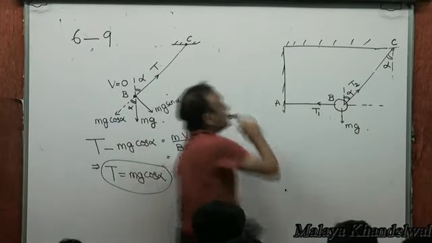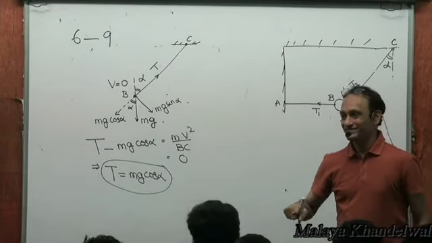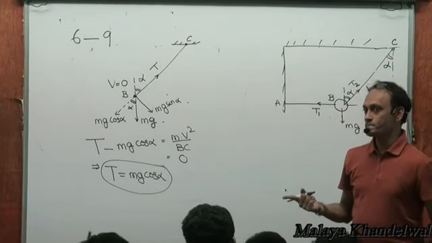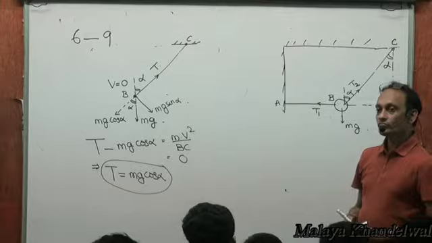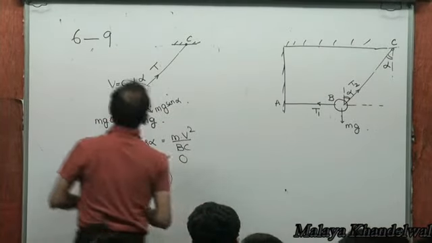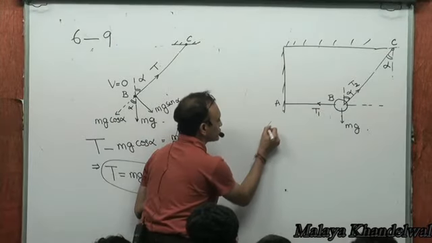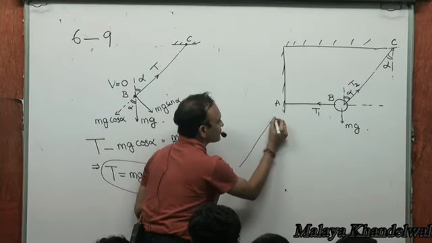So see, the tension in BC has abruptly changed. It's an impulsive element. If this was a spring, it wouldn't have abruptly changed. The trajectory of B is going to be a circular trajectory. This is C, which is a fixed point.